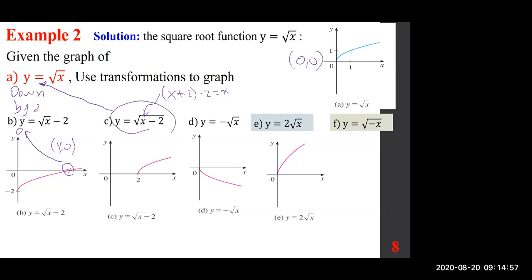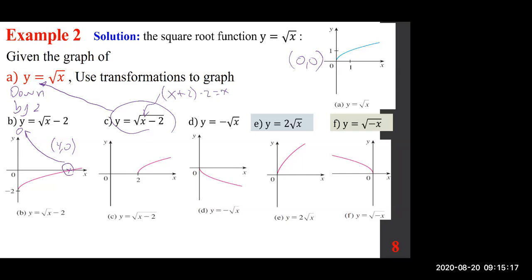And finally, if you have y equals square root of minus x, it is important not to think square root of minus x. Minus x means negative. That's not what it means. It means the opposite of x, okay? And so with respect to that concept, x is being changed to negative x. It flips over, this time with respect to the y-axis.